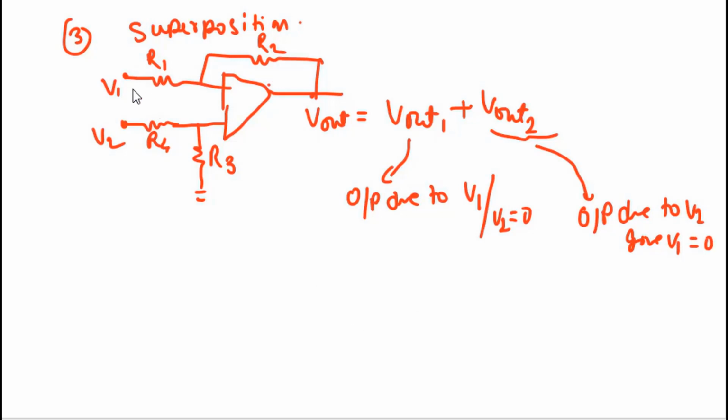While calculating Vout1, you need to short circuit V2 and calculate the response, which is Vout1, and then again take V1 as 0 and calculate the response due to V2, which is your Vout2. This is the superposition rule in op-amp circuits, where more than one supply is given.